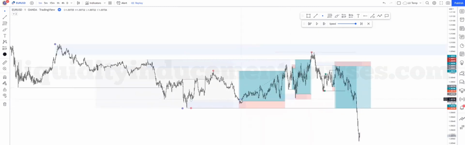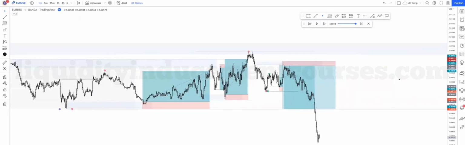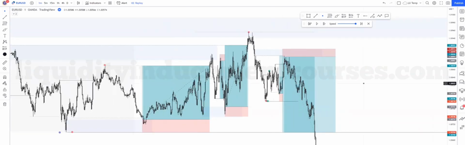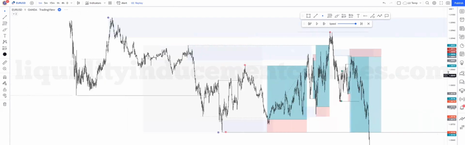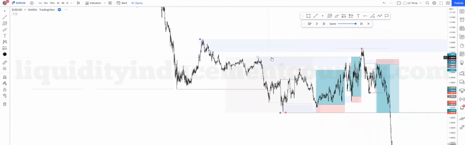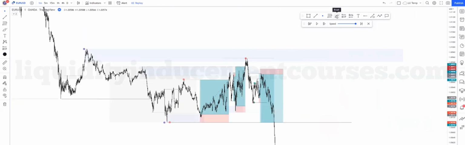So there was Frankfurt, and then we had London, Curzon, London open. So these were all the opportunities that presented during the session. All right, we completed the range cycle, which was take out internal, then external. So the overall cycle is complete. Done.